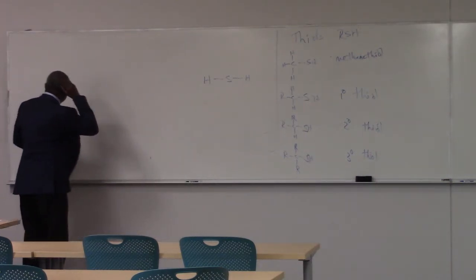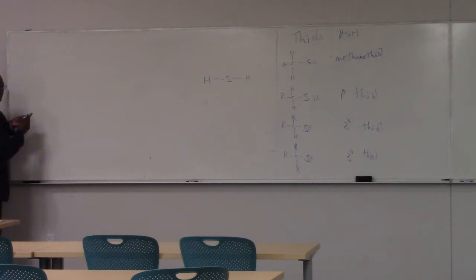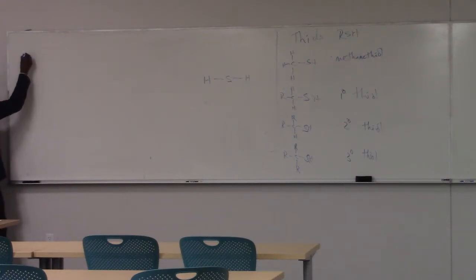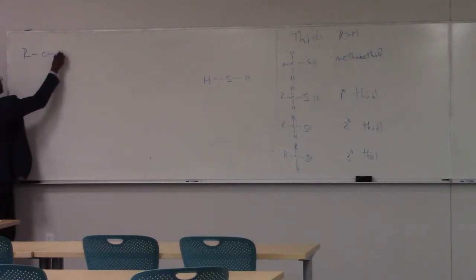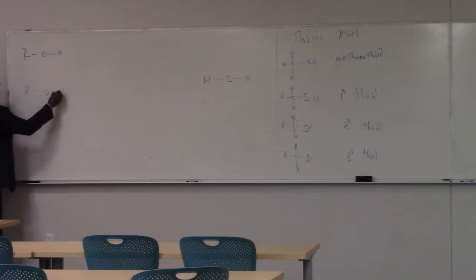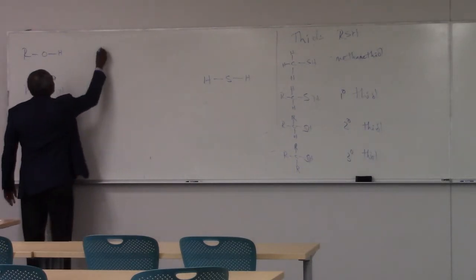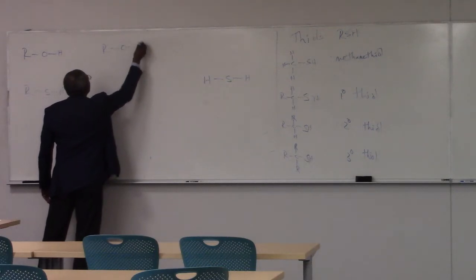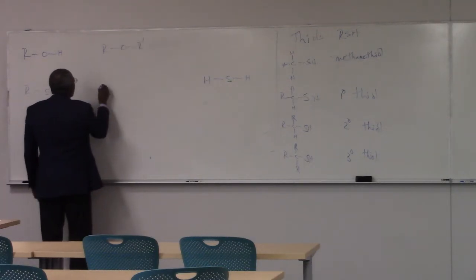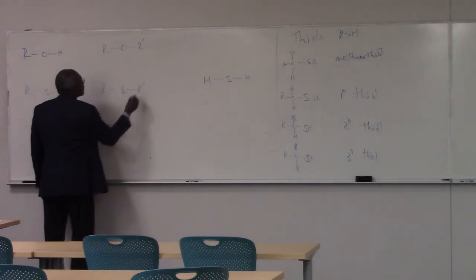Both alcohols and thiols form derivatives. So instead of having ROH, like in an alcohol, or RSH, as in a thiol, they can actually give you species that are ROR prime, RSR prime.